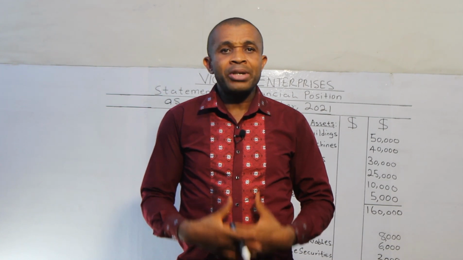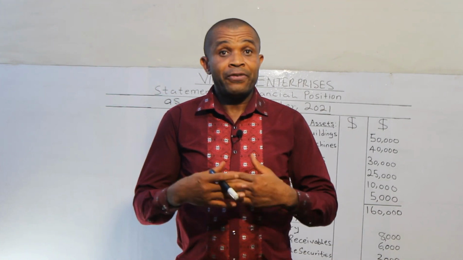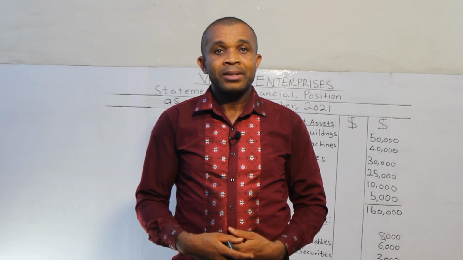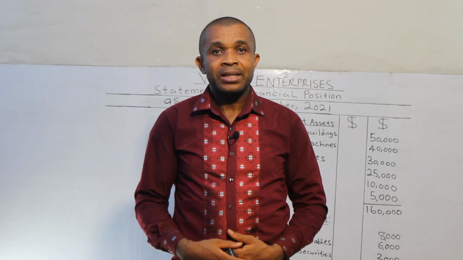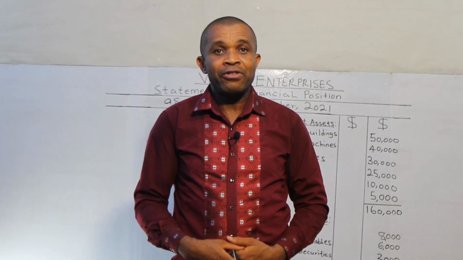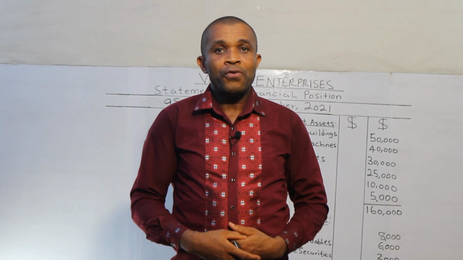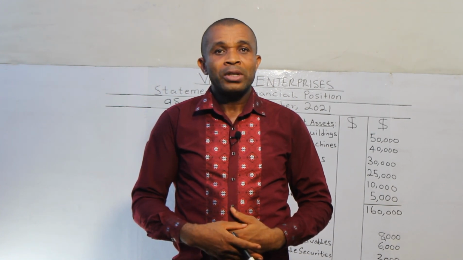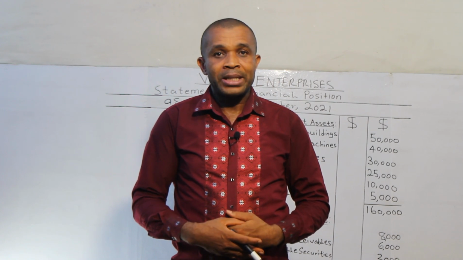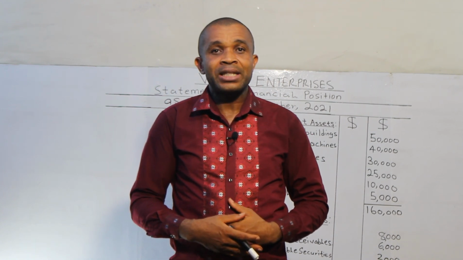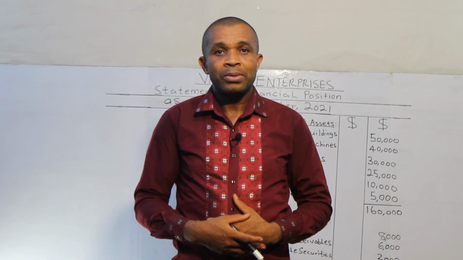The question now is, how did Victory Enterprises obtain the total assets of $211,500? Of course, on close examination of Victory Enterprises source documents, the various sources of finance will be disclosed.